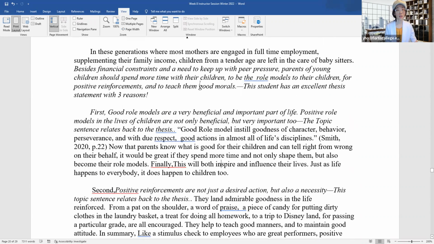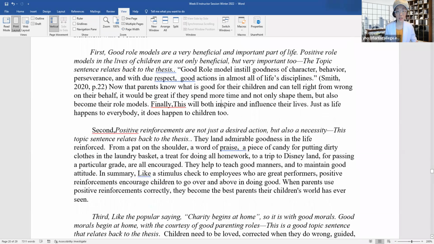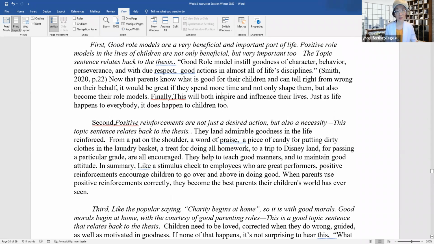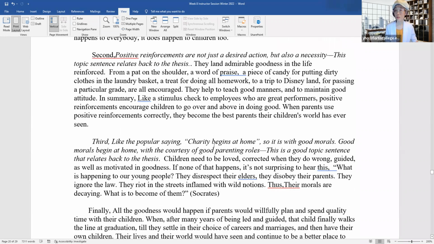And so here, let's see. Oh, children should spend more time with their parents because parents are good role models. Parents provide positive reinforcements, and parents teach good morals. And so here, first this whole paragraph will talk about good role models. Then this whole paragraph will talk about positive reinforcements. And here you have good morals.